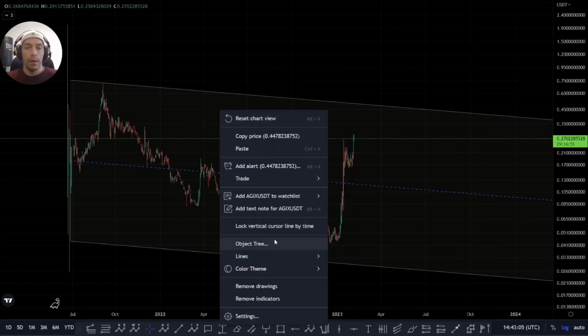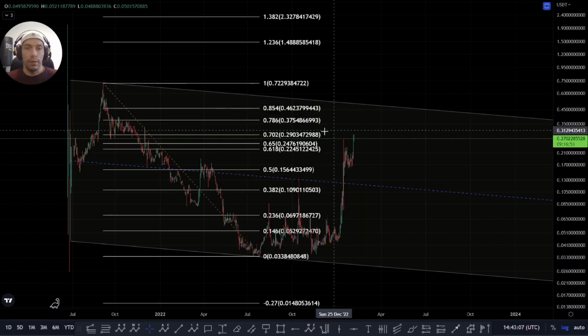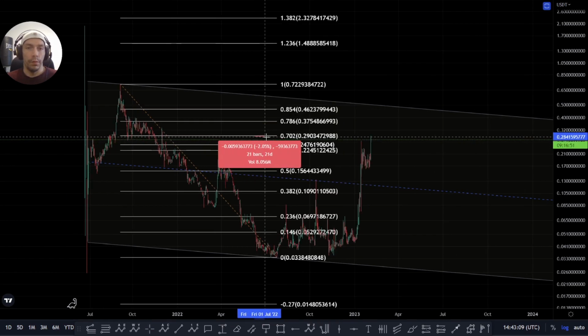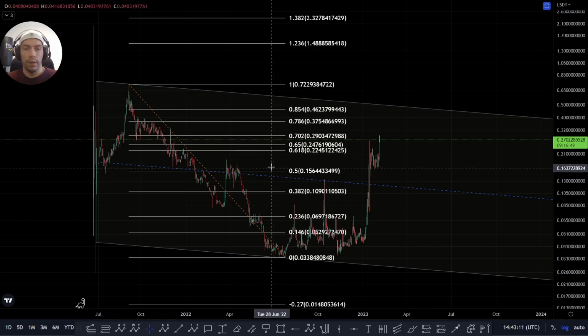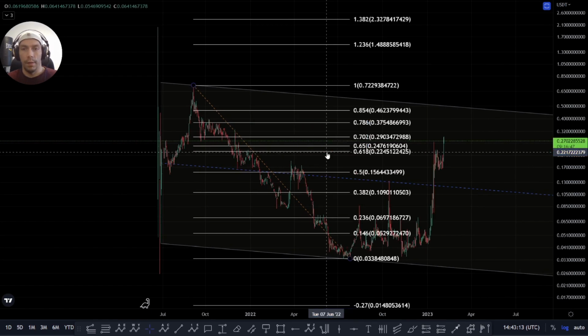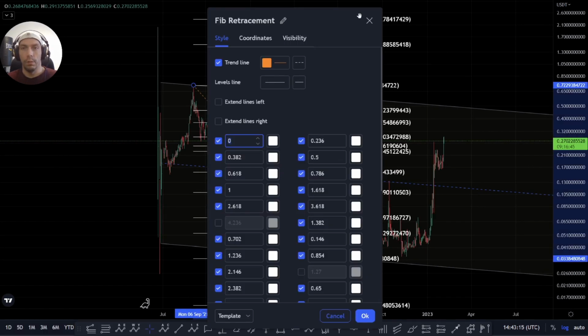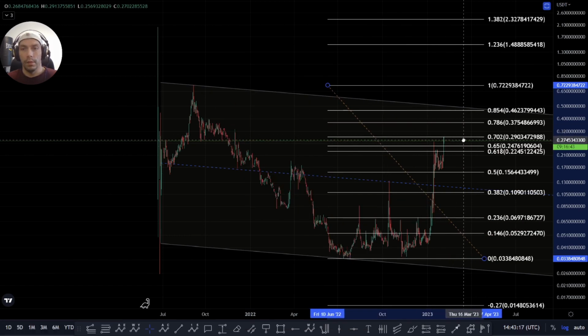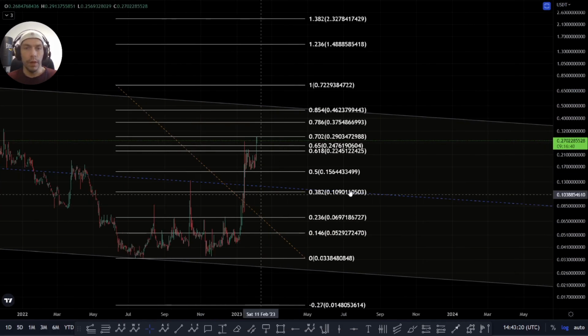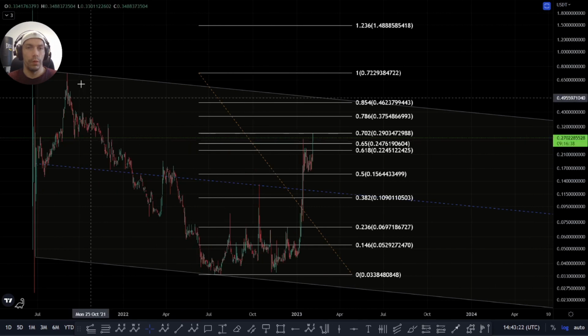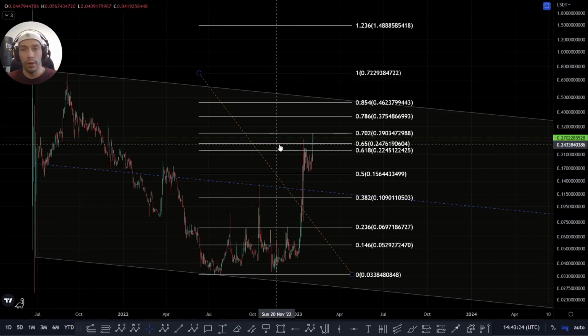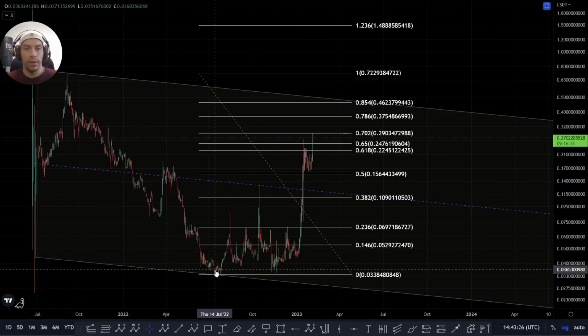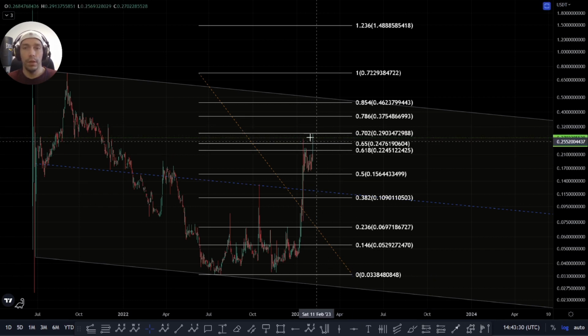The reason why I'm still looking at this is if I throw this fib on here, taken from this high point, we'd be looking for the fact that we actually just come up to the 702 zone. If we were looking at this potentially as an A, a B, and a C to the downside, technically speaking, we've actually come up to this zone here already at this 702.